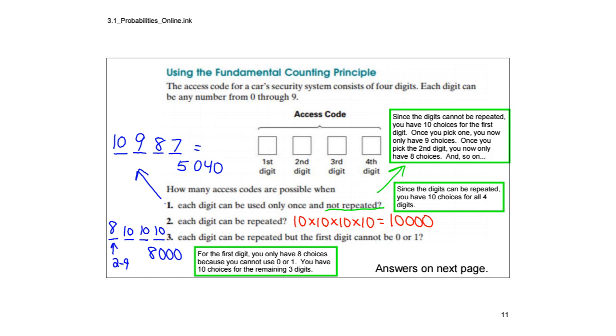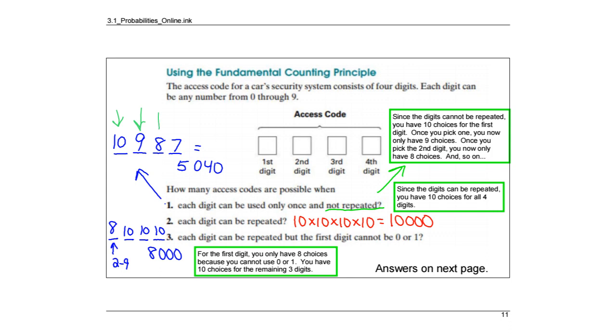All right, so the very first digit, I have 10 choices, but they're telling me they're not going to do any repeating. Okay, so once you use any number, you can't use it again, right? So I had 10 choices for the first digit that I typed in, but on the second digit, I only have 9 choices because I cannot include the number that I put in the first box.